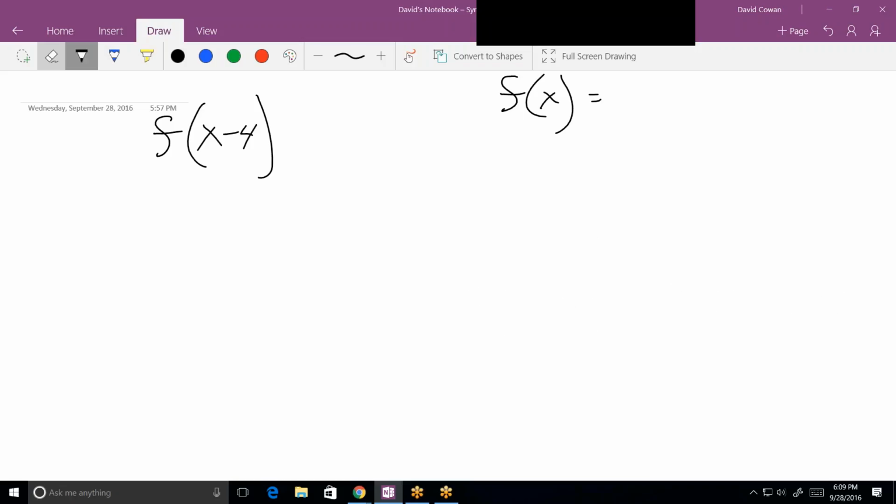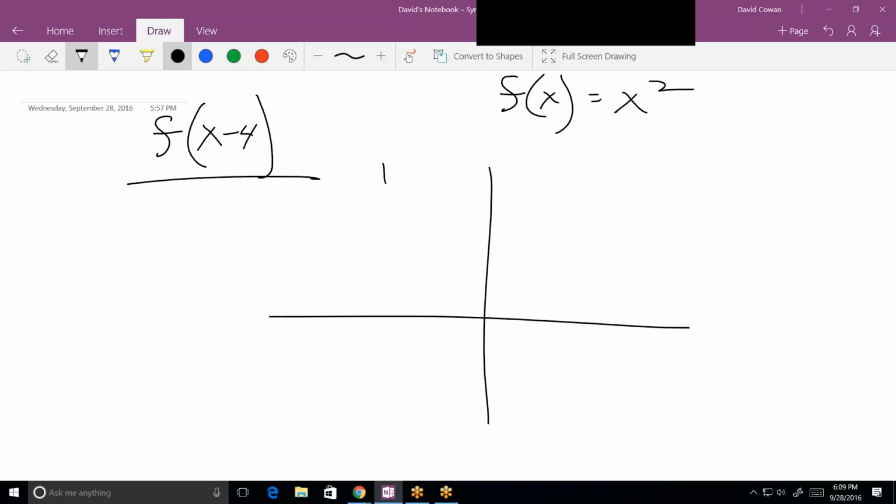It just gives me f of x minus 4 and it says to graph it. Well, that's impossible. However, I will tell you what that is: f of x translated 4 units to the right. Okay? In other words, let's say f of x was x squared.